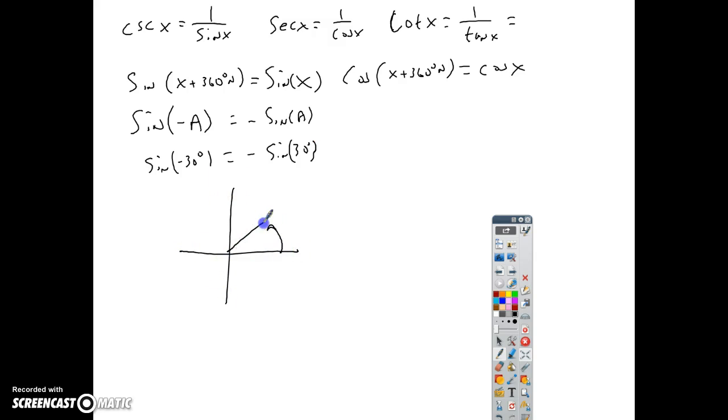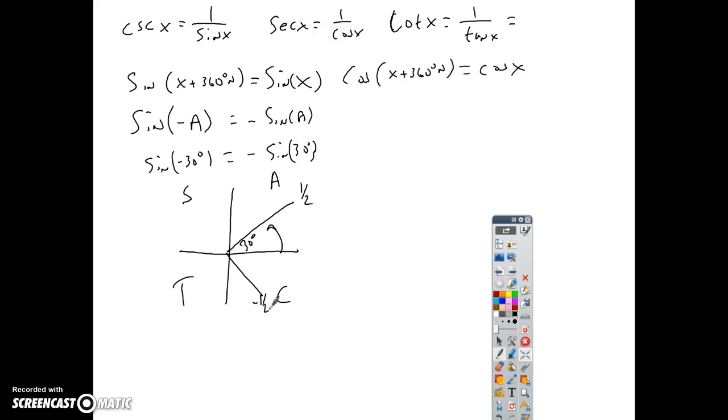30 degrees would be this way, right? And what's the sine of 30 degrees? 1/2. And what's the sine of negative 30 degrees? Same thing, except that it's negative, so it's going to be negative 1/2, right?